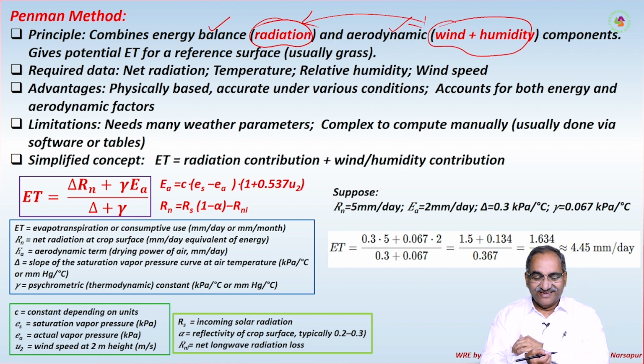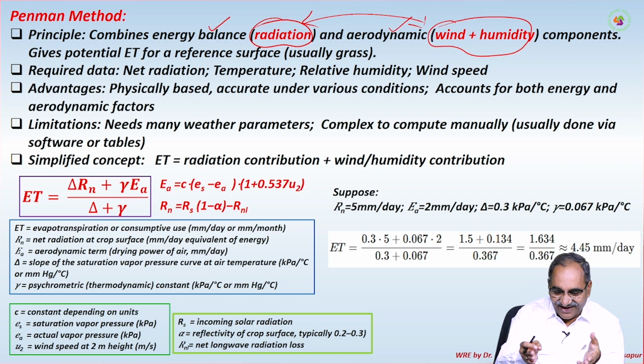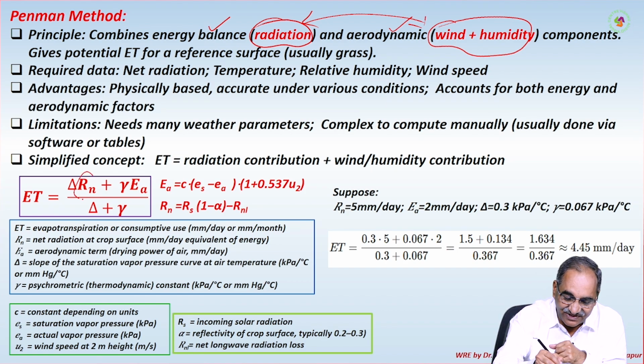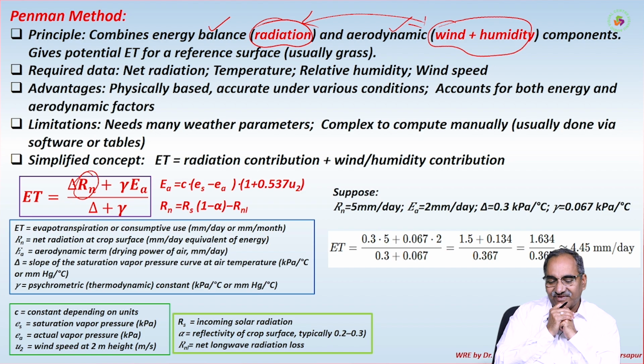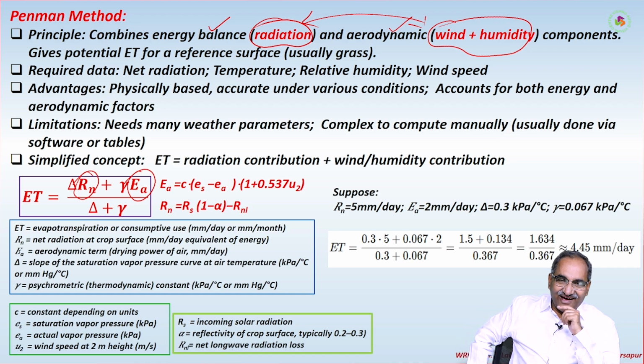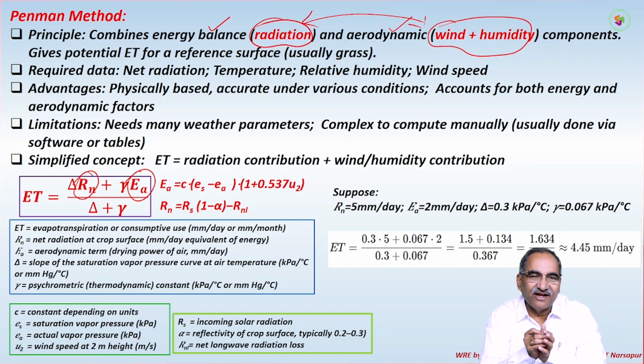Penman's method. In Penman's method, you can see the equations he has given. All the equations reflect radiation, for example net radiation Rn, and the aerodynamic term EA. EA is the aerodynamic term and Rn is the radiation term, and the rest of the terms are only padding.